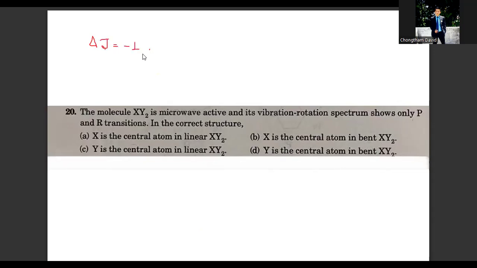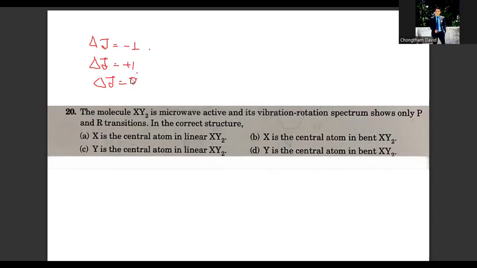The R branch involves a transition with an increase in the rotational quantum number, delta J equals +1. The Q branch, which is absent here, would involve a transition with no change in the rotational quantum number, so delta J would be 0.